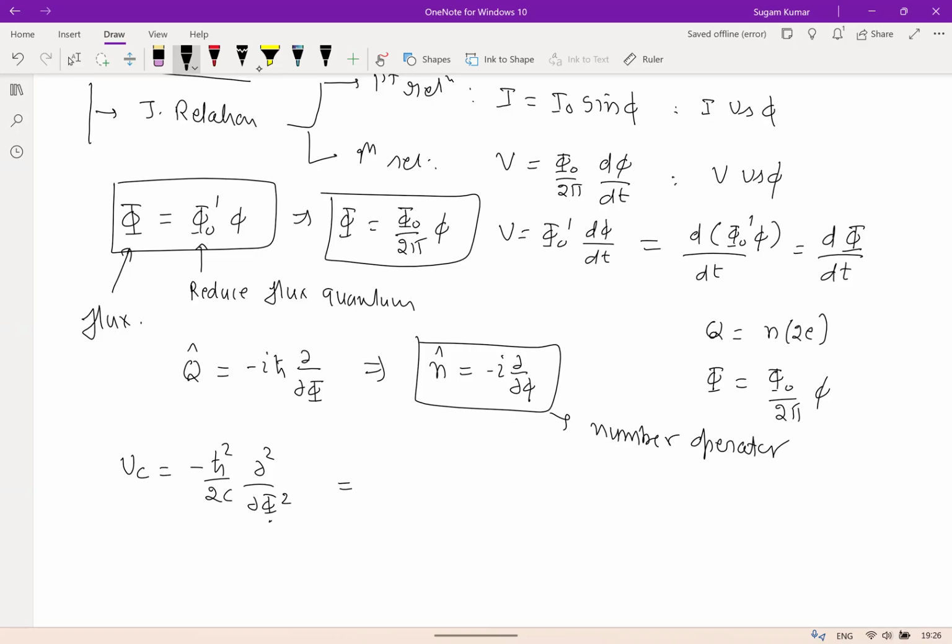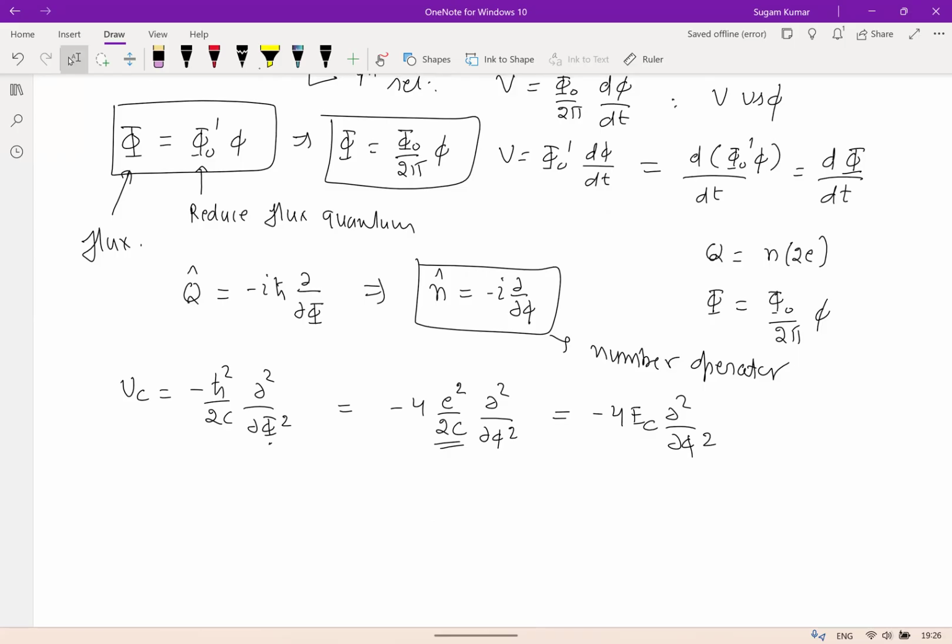I can assure you, at the end you are going to get minus 4e square by 2C and del square by del phi square, nothing but minus 4 times EC. This is the EC, that is the del square by del phi square. So you see that this UC is written like minus 4 times EC and del square by del phi square. So one equation in terms of phi.